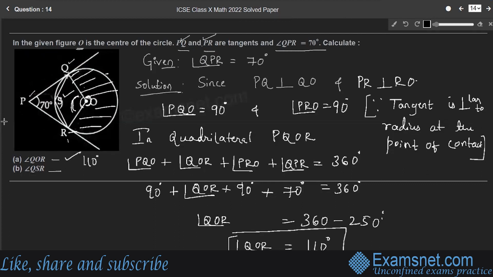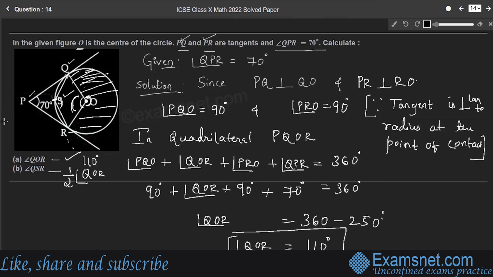So here we'll consider point S. At point S, the same arc makes an angle QSR, right? So this angle is half of angle QOR. Therefore, we can say QSR is half of angle QOR.